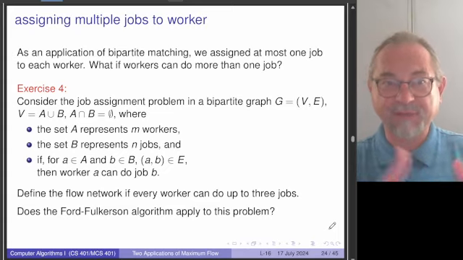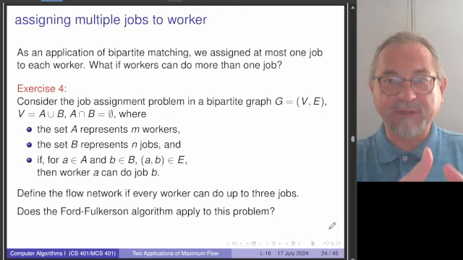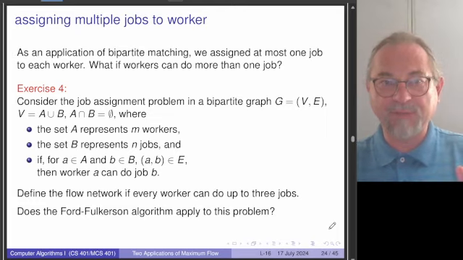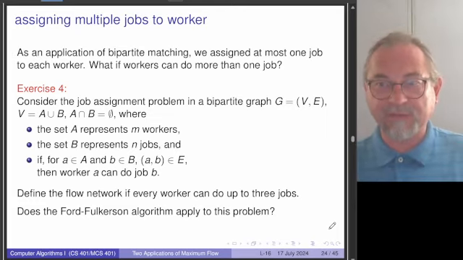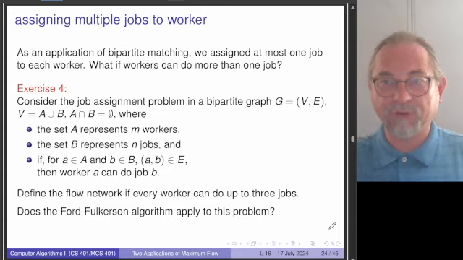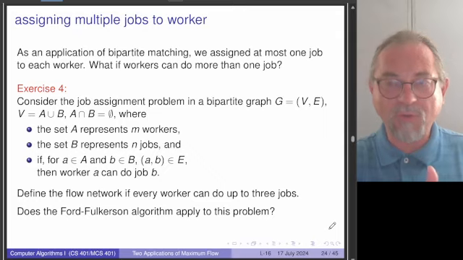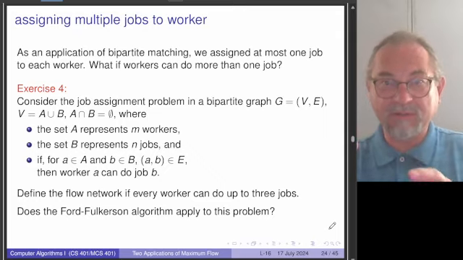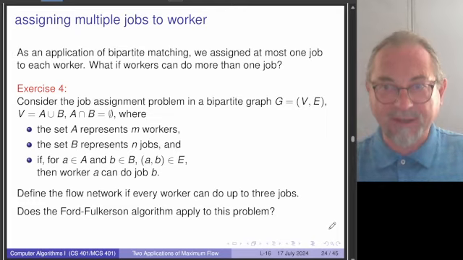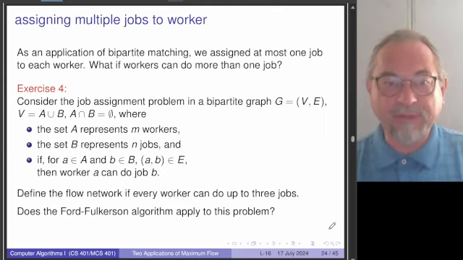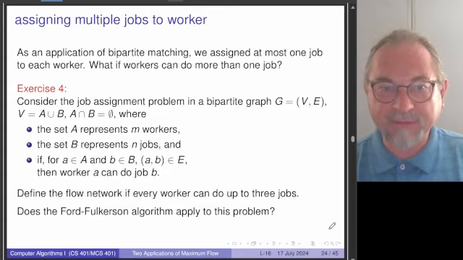Typically in a perfect matching, although it shouldn't be a perfect matching here, you would have 3 times the number of vertices in B than you would have vertices in A. By the conservation laws, everything that leaves the source would also enter the sink. So you have to show that the maximum flow will give you an assignment that can be interpreted as a flow and as a matching. So the Ford-Fulkerson algorithm applies to this problem.